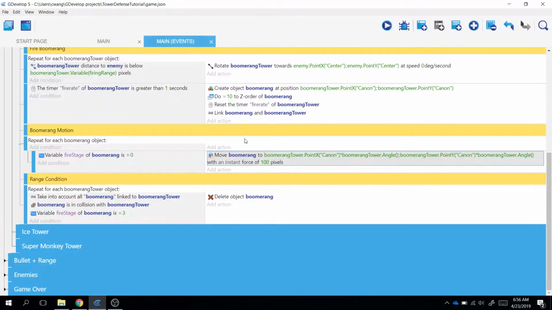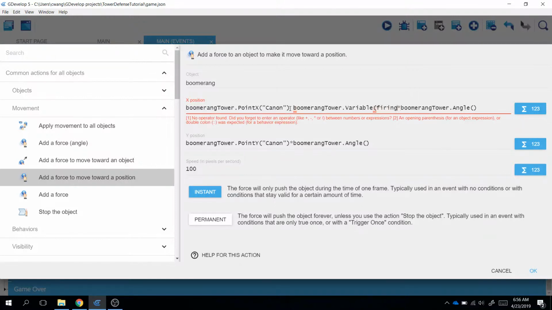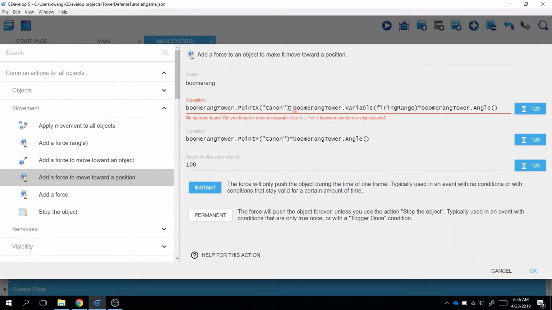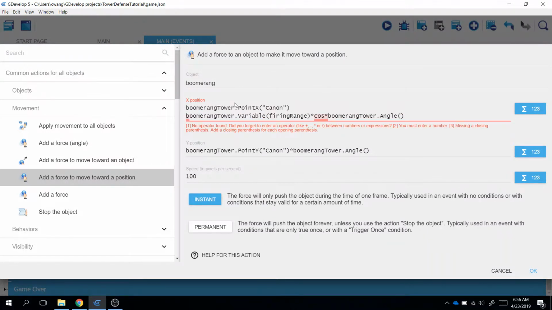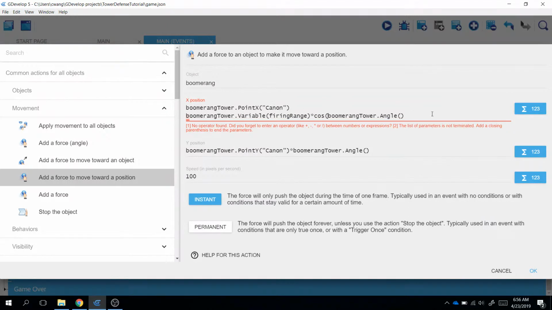So what I'm going to do, I'm going to try out, I'm going to go ahead and get the firing range. Multiply it by the x. We're dealing with x right here, so that should be cosine of this angle.